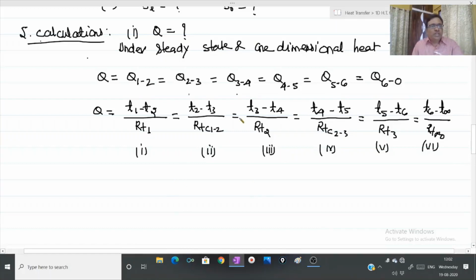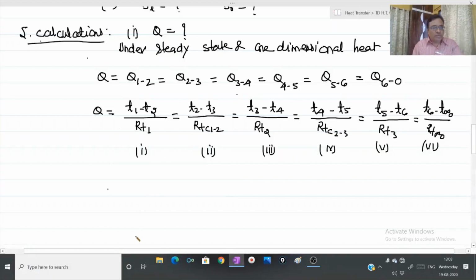Now many times the intermediate temperatures like T2, T3, T4, T5, T6 are not known to me. Mostly the inside temperature and outside temperature are given.